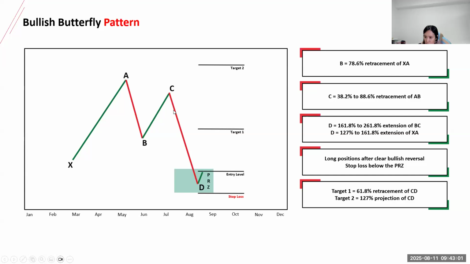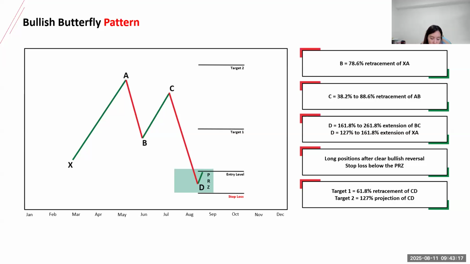But usually, if I were to trade a harmonic pattern, I would just aim for TP1, our target one, at 61.8%.